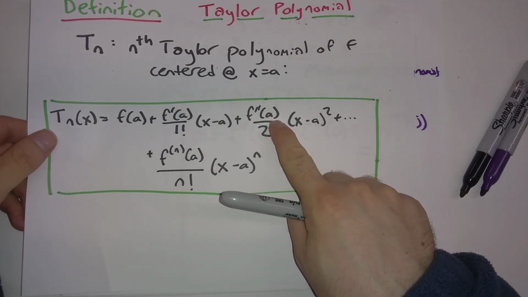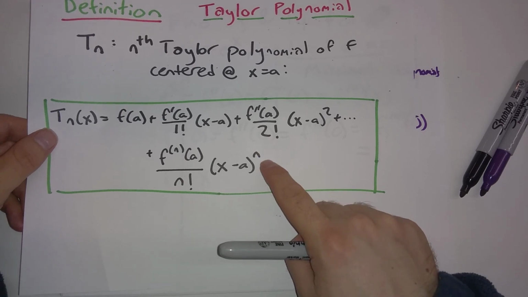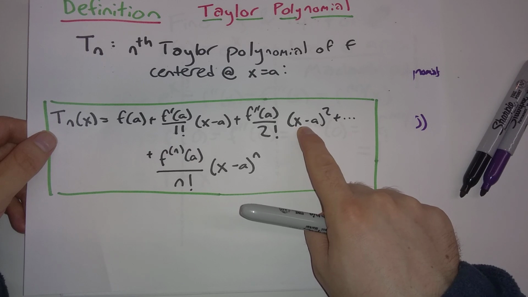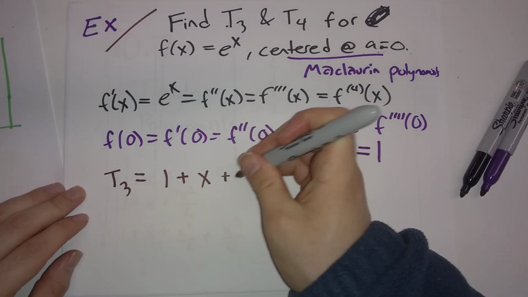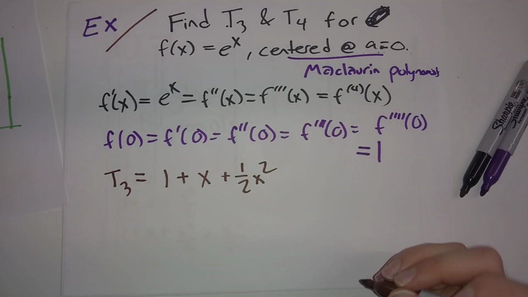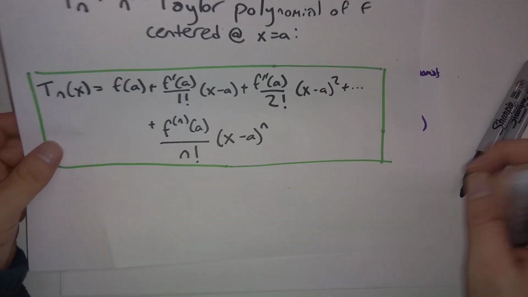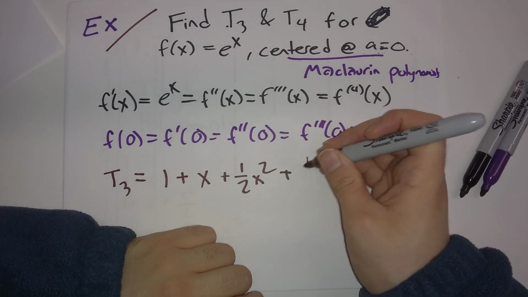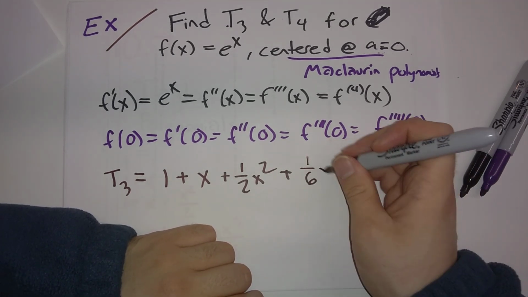F double prime of 0 divided by 2 factorial, that's 1 divided by 2, times x minus 0 squared, that's just x squared. So 1/2 x squared, and then we need one more term to make this a cubic polynomial. That's going to be f triple prime at 0 divided by 3 factorial times x minus 0 cubed.